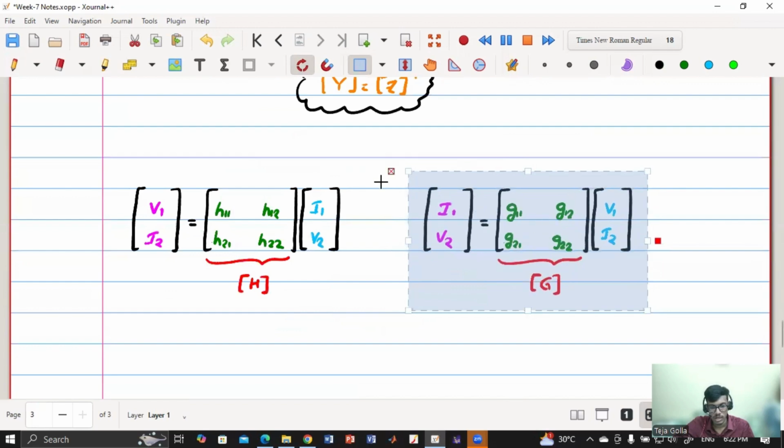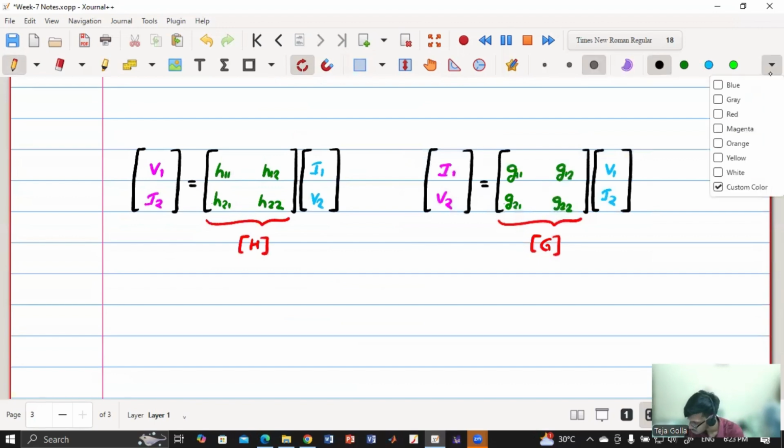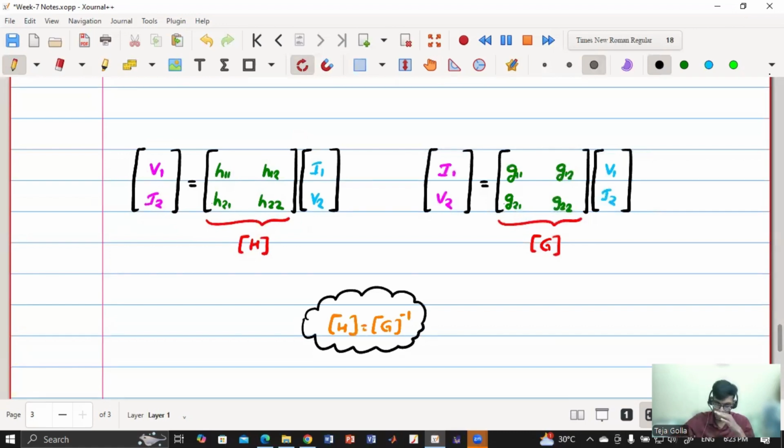What are the inputs in one case are the outputs in the other case. Similarly, what are the outputs in one case are the inputs in the other case. So same result we are going to get here, which is H is equal to G inverse. So if we calculate G parameters, then I can calculate H parameters directly by doing the inverse of the G parameter matrix.